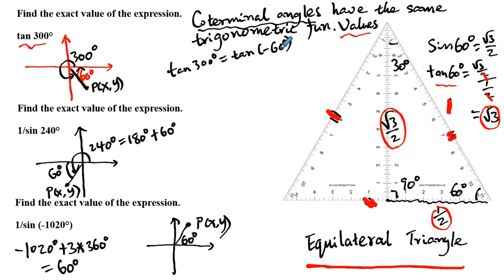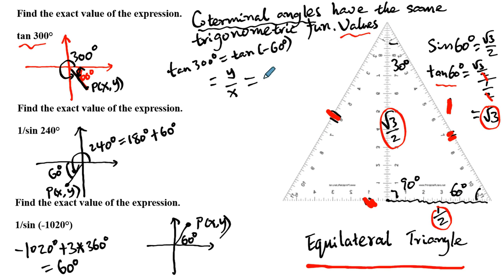Because now you go clockwise, it will be negative. Then we only need to find tangent 60 degrees. Tangent 60 degrees is radical 3 already, because tangent is y over x.